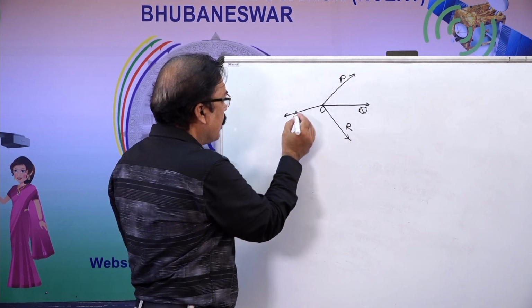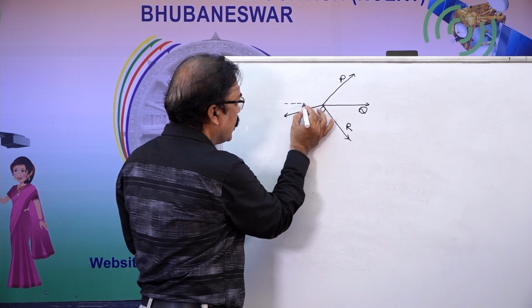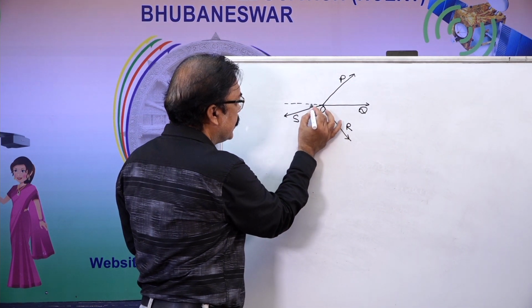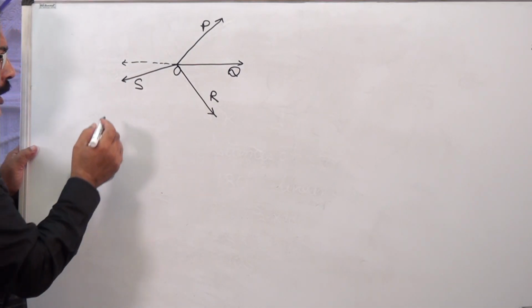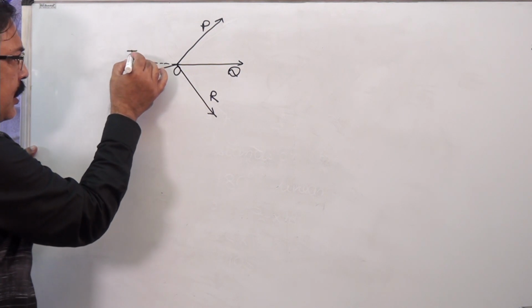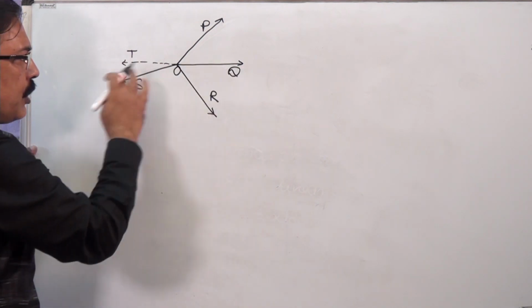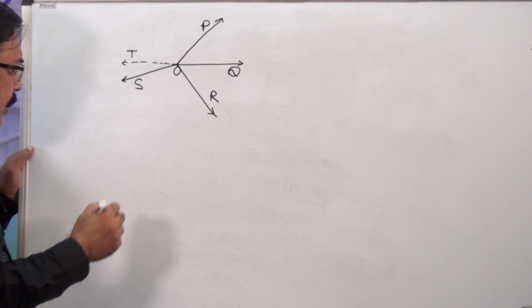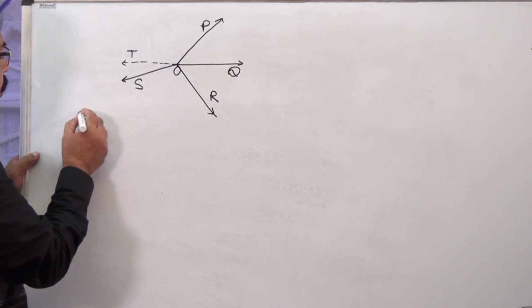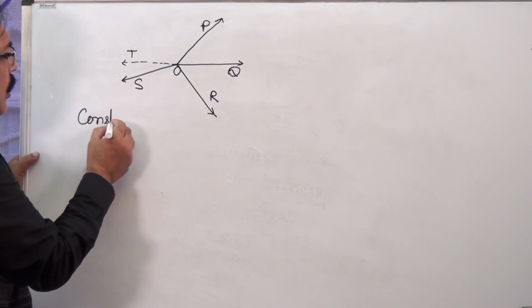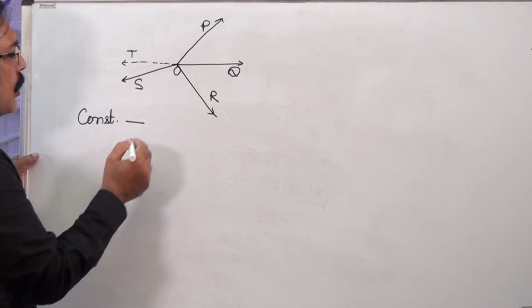Now here, let's have a construction. Let's extend this to the back side, and let it be T, so that this QT is a straight line. So we can write, what to construct?